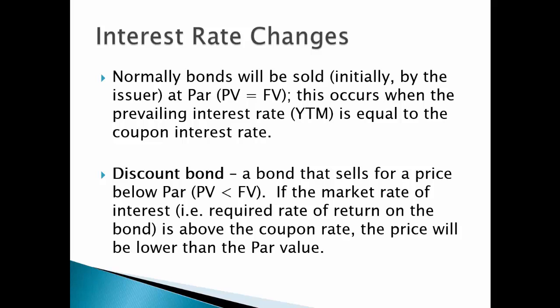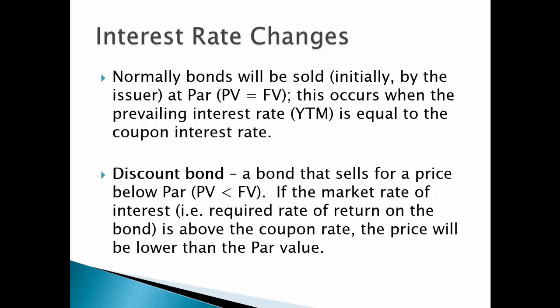That's normally true at issuance, but once a bond is sold, interest rates are constantly changing, and at any particular point in time, the interest rate is likely to be different than the coupon rate. So the yield to maturity is likely to be different than the coupon interest rate. Whenever there's a difference between those two, we're going to have a bond that is not priced at $1,000.